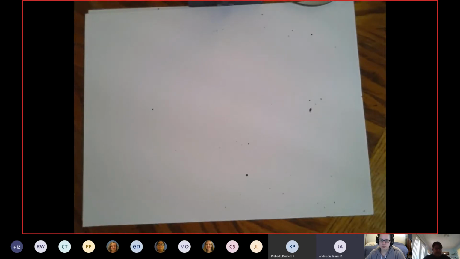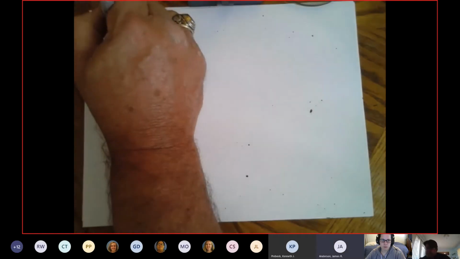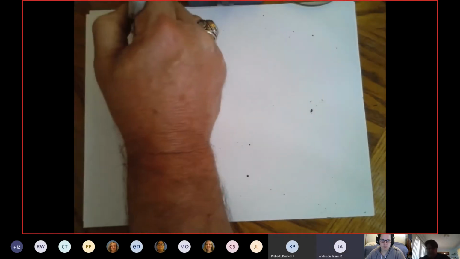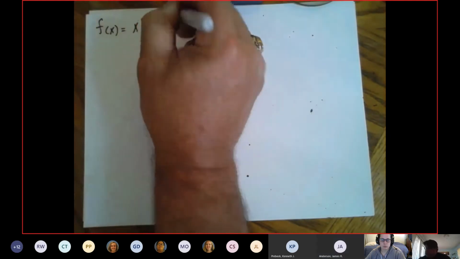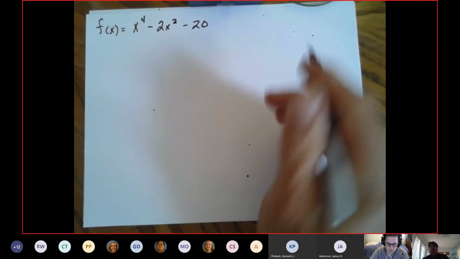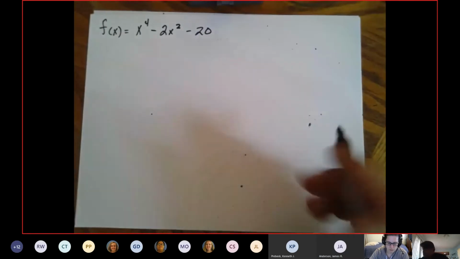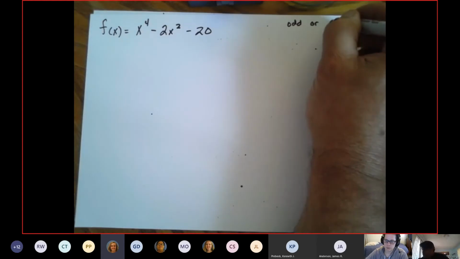Let's see how many of y'all remember how to do something like this. Tell me if this function is odd, even, or neither.